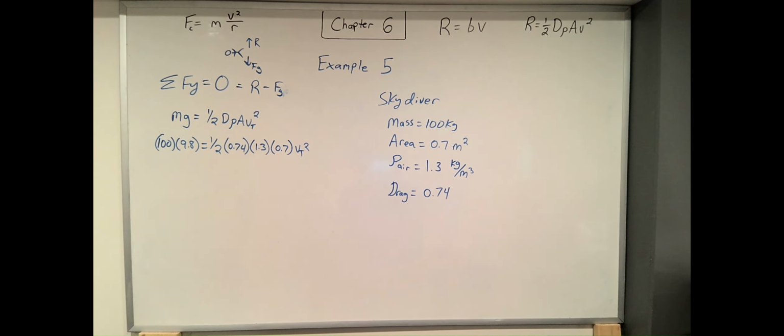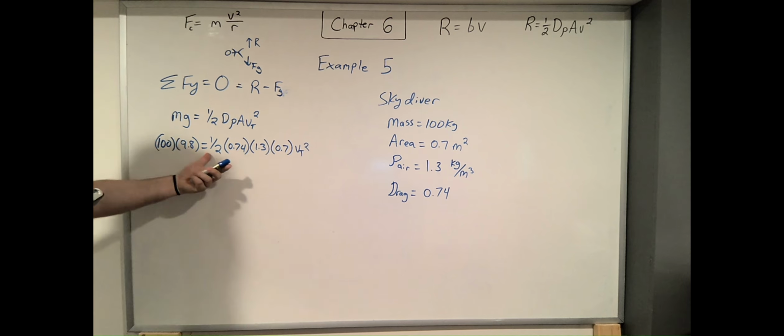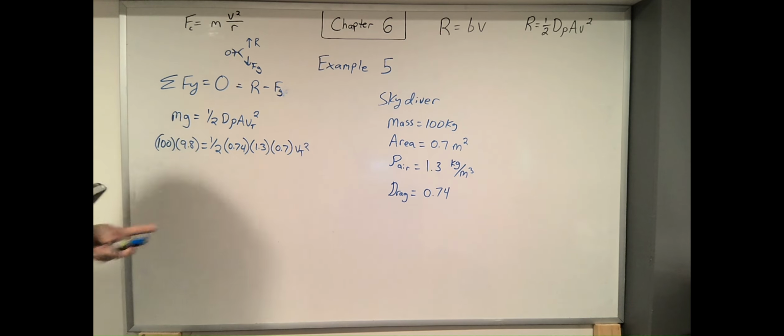Now we just have to plug all that into our calculators and come up with an answer for terminal velocity, and then we're going to see if it makes any sense. So if I plug in, this will be 980, so I might as well start with that, and then whatever this value is here, I'm going to have to divide that over.